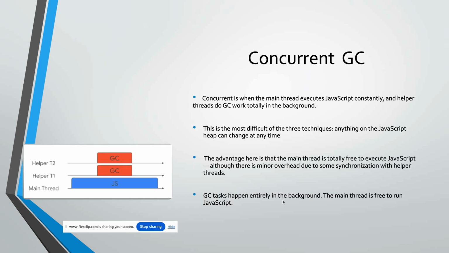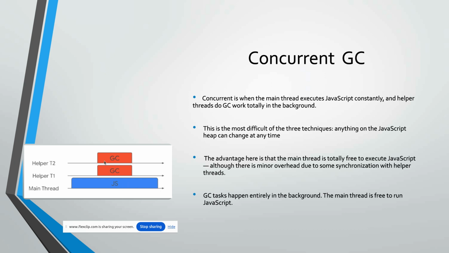Concurrent GC is the hardest one. Concurrent is when the main thread executes JavaScript constantly and helper threads do GC work totally in the background. This is difficult because anything in the JavaScript can change. For example, the JavaScript execution is going along, but if the garbage collector changes something, the heap could change, and because of the change of the heap, the JavaScript execution could go somewhere weird that we don't want.